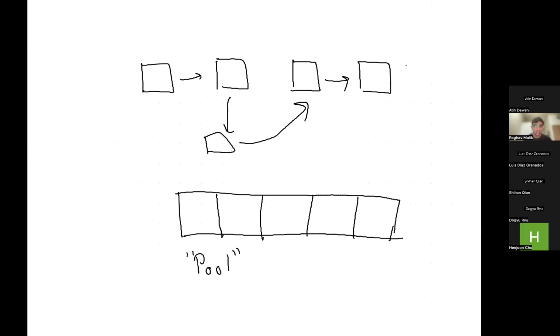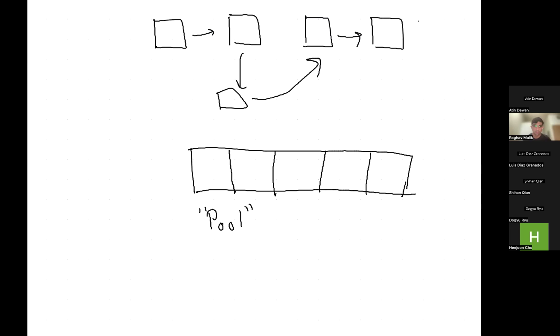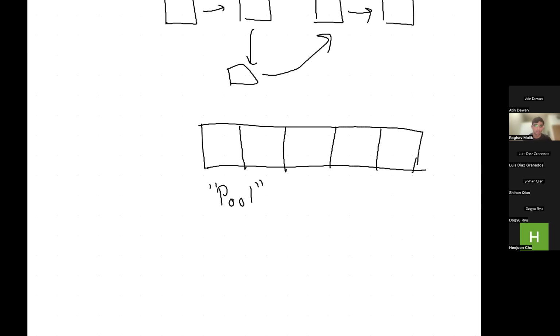Is that better? And then every element of the array is going to be its own linked list node, right? And I can keep a stack of free indices somehow, right? So like 0, 1, 2, 3, 4, and I can push all of these onto a stack.